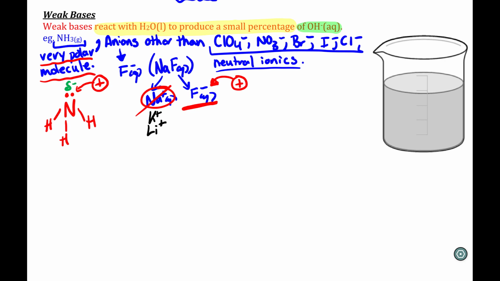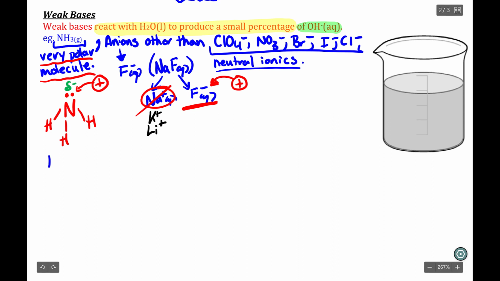They're not going to react with anything. So most of the time when I look at a formula and I'm asking myself, well, is this a base? I check the anion. As long as the anion isn't one of these, and it's with a really soluble metal ion, then I know it's going to be a base. And generally most questions are going to use group 1 metal ions as its partner because they're very highly soluble.